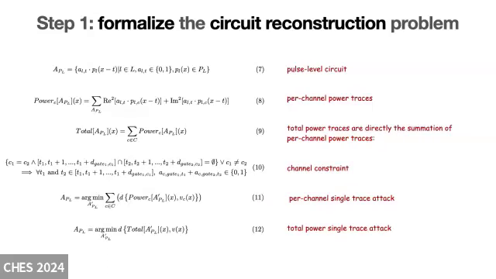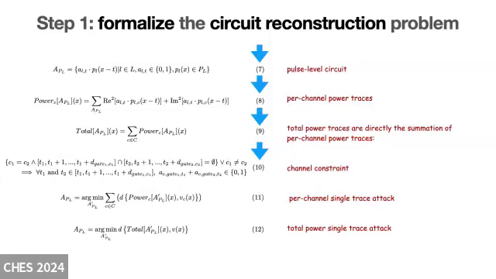Using the previous sets and function definitions, we can specify a pulse level circuit, which represents a per channel power trace, and also represents a total power trace, which is directly the summation of per channel power traces. We can encode the channel constraints, which means there can only be at most one pulse on each channel at a given time step.